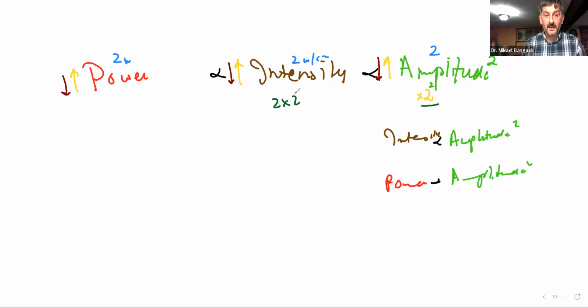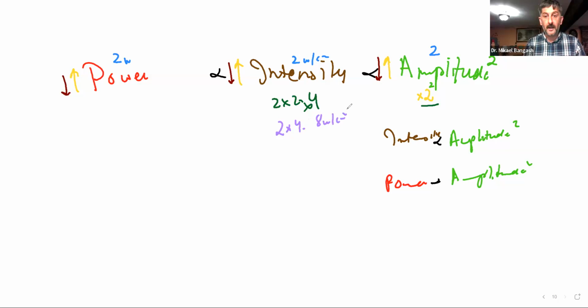So your intensity is going to increase 4 times by a doubling of the amplitude. Your final intensity is then going to be 2 watts increasing 4 times, which is going to be 8 watts per centimeter square.